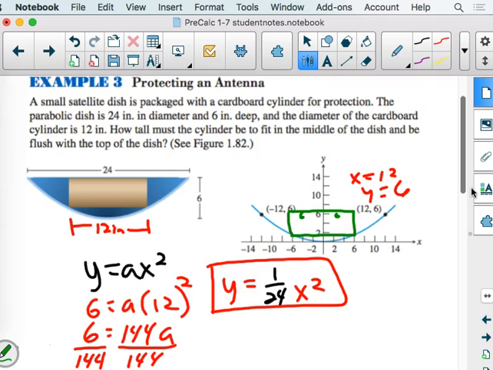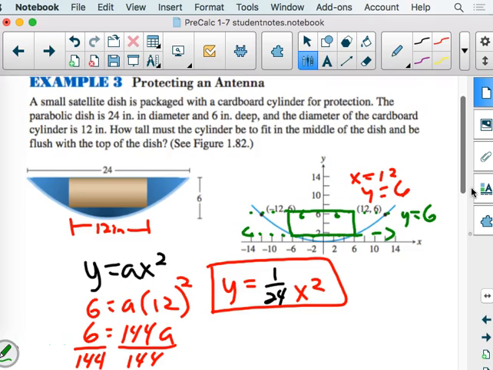But they wanted to know how tall must that cylinder be in the middle of the dish and be flush with the top of the dish. Well, I already know what it's going to be here. The y value for the top is 6. So what I'm going to have to do is figure out, well, where's the bottom of this thing? Because it doesn't go all the way to 0, 0. And then I could just do some subtraction and I could figure out how tall it must be.